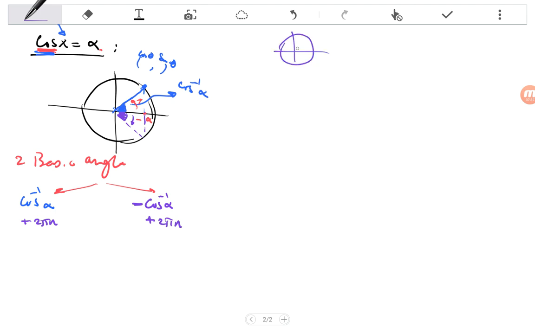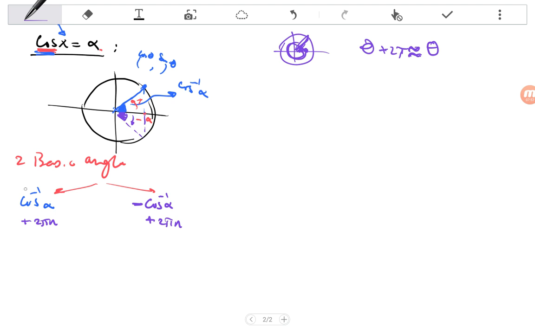Because any angle, if you add 2 pi to it, will just give me an equivalent angle to the first. Okay? This is an equivalent angle.